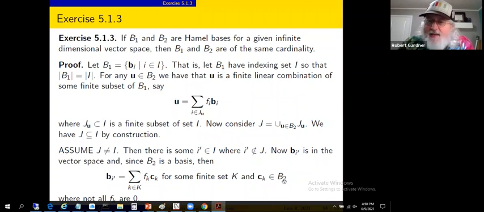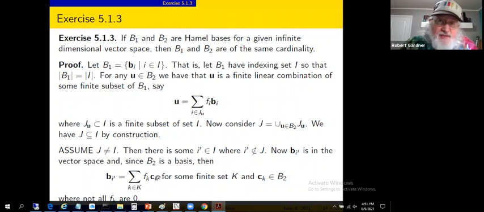Now, you know anything in B sub 2 can be written in terms of the b sub i's. If u is an element of B sub 2, then u is some sum of the b sub i's. Actually, it's the sum over these indices here. I know which b sub i's are required. You want to write c sub k in terms of b sub i's? Use indices that we would denote as i in J sub c sub k.